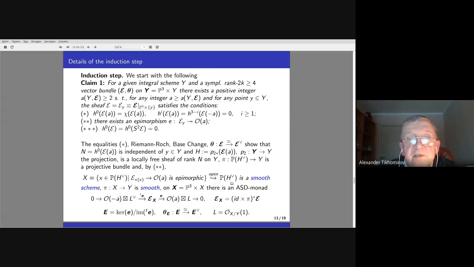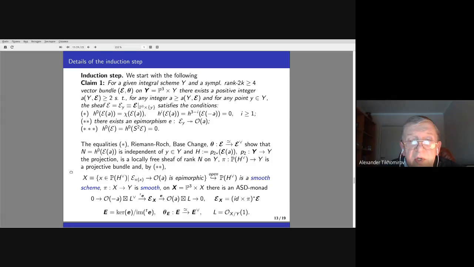Once Y is an integral scheme, then of course P of H dual is integral and also smooth once Y is smooth. And so X is also a smooth scheme. And the morphism is smooth because the fibers are just open subsets of projective spaces.